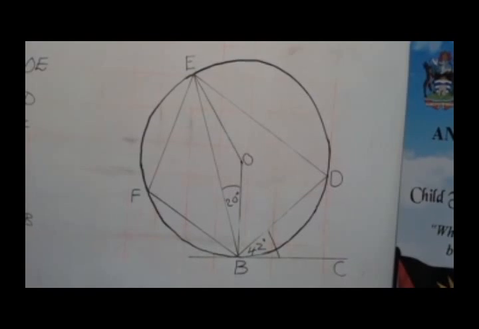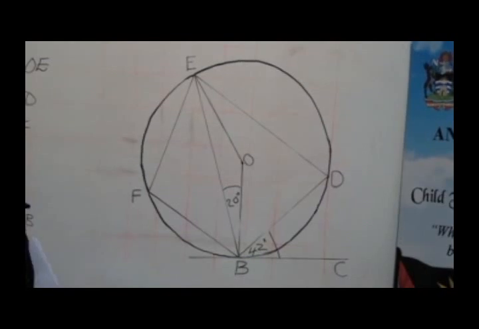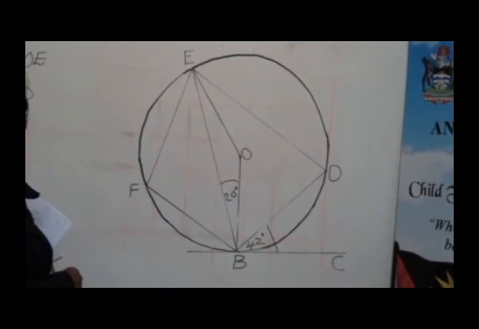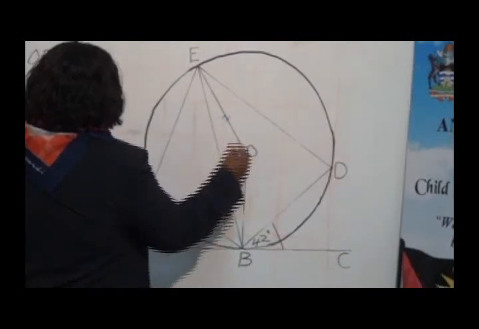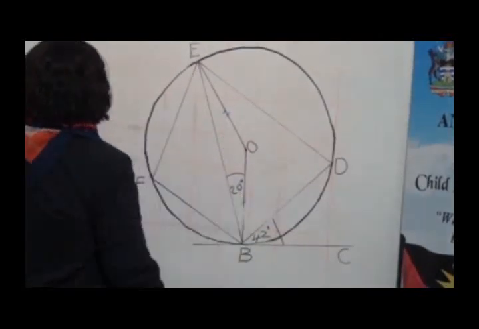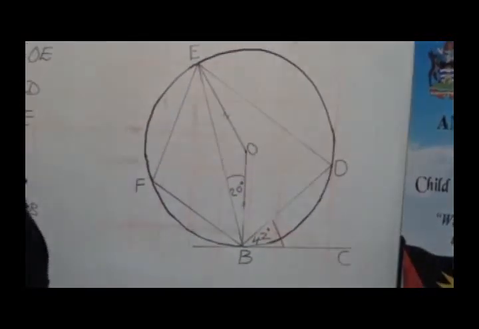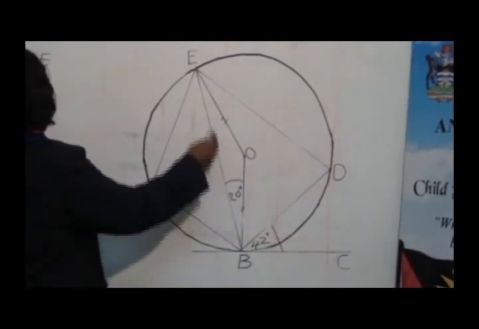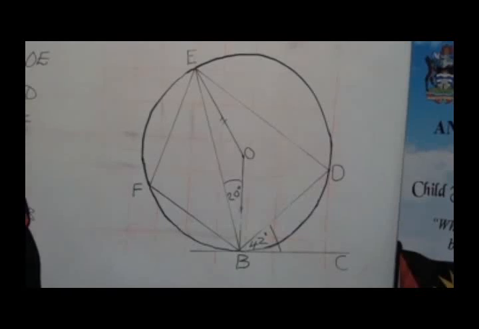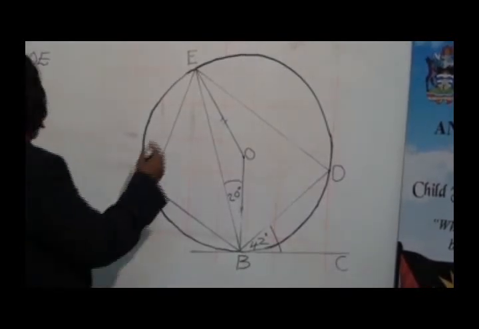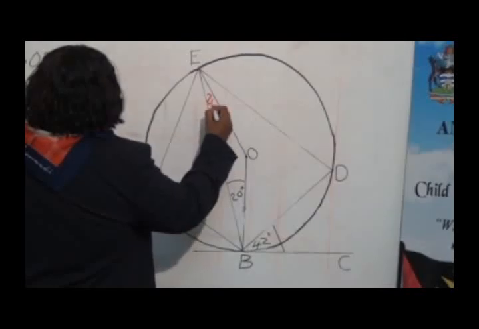So we see a triangle here, and we have an angle at the center. What type of triangle do we have, Jetta? This is an isosceles triangle, because OE would be equal to OB. All right? So if the angle at one of the bases is 20 degrees, what would this one be equal to? 20 degrees, because the properties of the isosceles triangle hold that this is also 20 degrees.